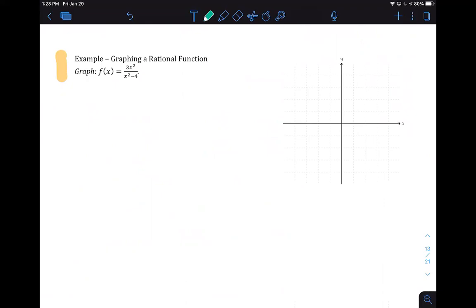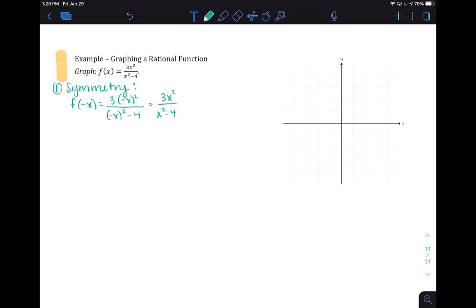f of x equals 3x squared divided by x squared minus 4. So first thing, let's look at symmetry. You can use f of negative x, which let's just keep doing that. So if we plug that in, we have 3 times negative x squared divided by negative x squared minus 4. Well, if we square a negative, it becomes positive. So this becomes 3x squared over x squared minus 4.